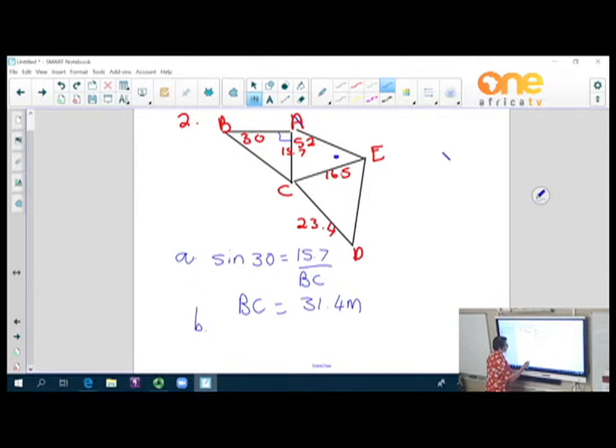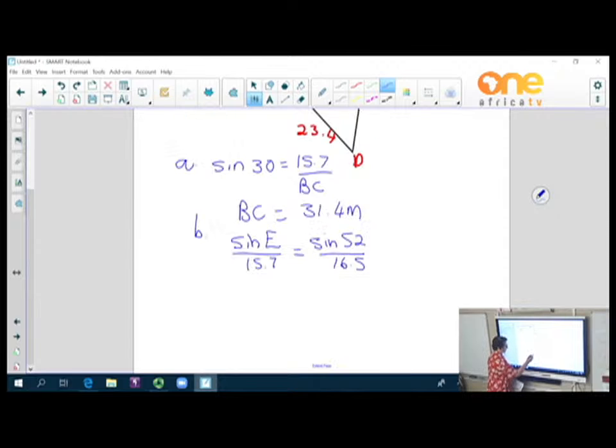Using the sine rule will then be sine E over, which side is opposite this one? 15.7 is then sine 52 over 16.5. Then we cross multiply. You want the angle, so it will be second function, your answer.